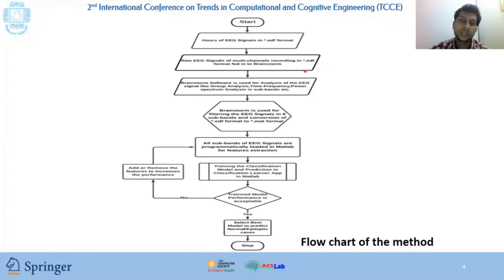These recordings were on the basis of the 10-20 international system, and Brainstorm is used for analysis of these EEG signals, group analysis, time frequency, and power spectrum analysis in the 6 subbands. After that, the .edf format is converted into .mat format, which is used in MATLAB for further analysis.